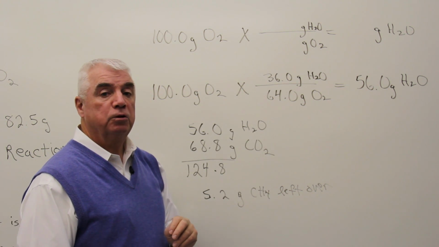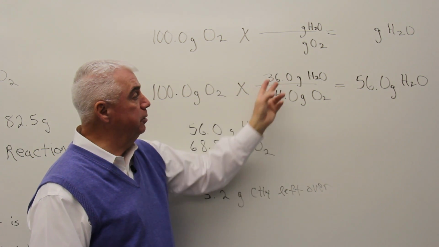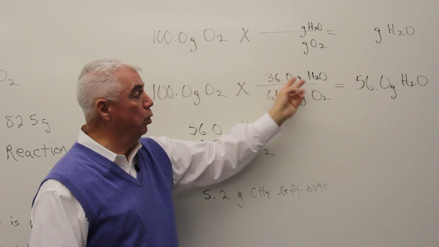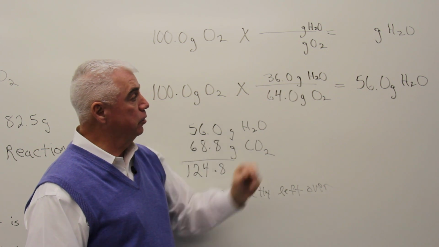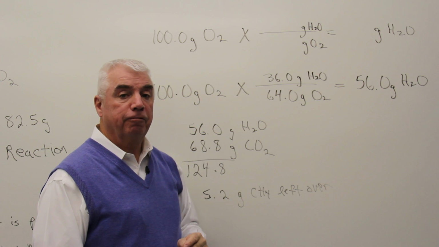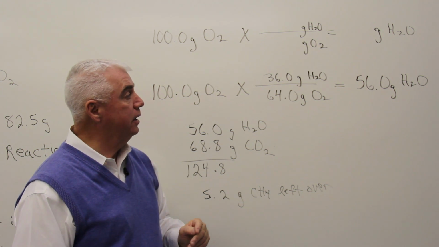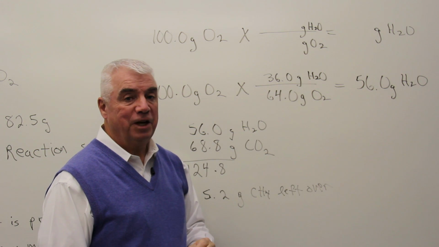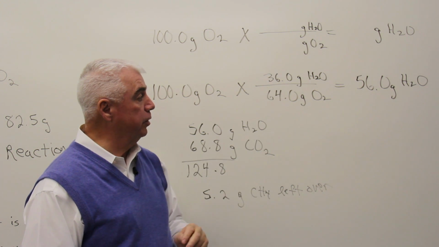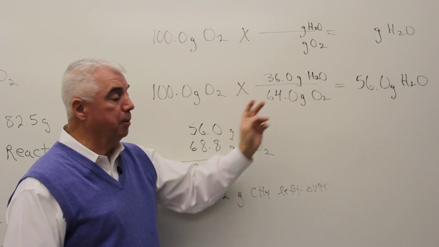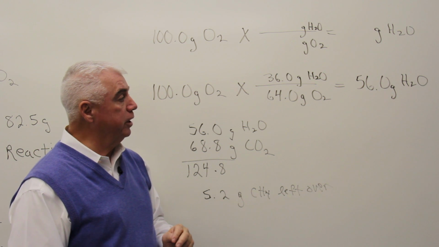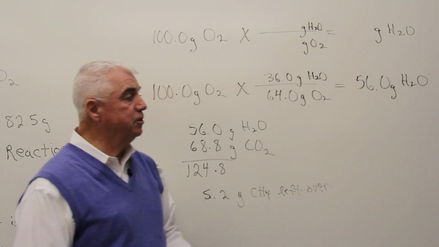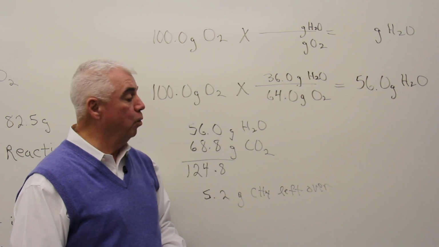We get these numbers from the balanced chemical equation by interpreting it in terms of moles and then converting moles into grams. There's a coefficient 2 in front of the water in the equation, so we need 2 moles of water. 1 mole is 18 grams, 2 moles is 36 grams. This number 64 is the same that we used before. Doing the calculation, we get 56.0 grams of water.